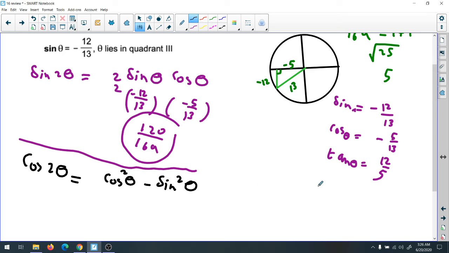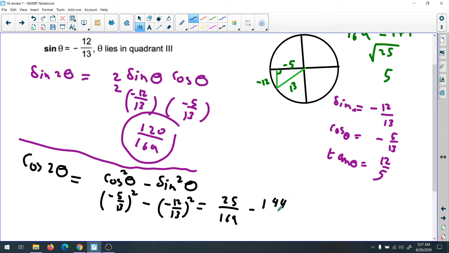Cosine is negative 5 over 13, and we square it. Minus, sine is negative 12 over 13, then we square it. Negative 5 squared is 25 over 13 squared, which is 169, minus negative 12 squared is 144 over 169.